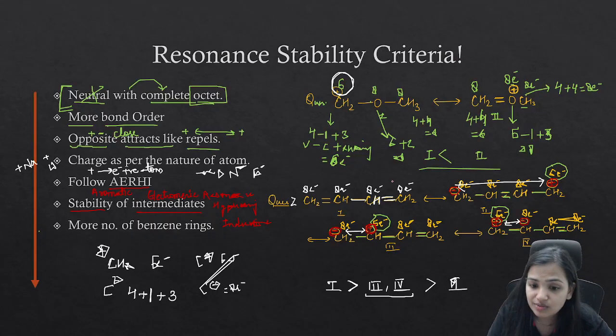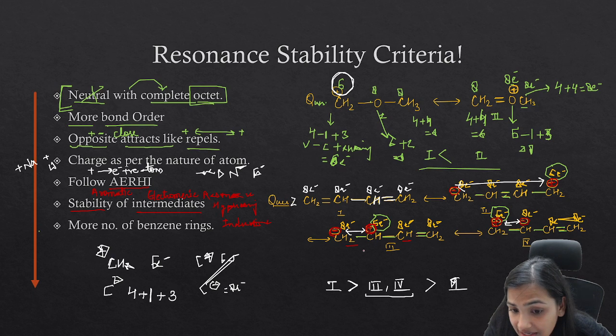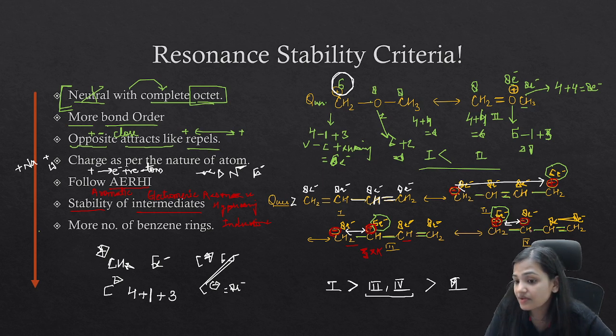Now let's come over to the question. Here you will find that this particular carbon is having 2 and 1, that is 3 alpha hydrogens to stabilize it. But if you see this as a carbocation, this is having only 1 alpha hydrogen to stabilize it. Guys, this is the 2-degree carbocation and this is a 1-degree carbocation.